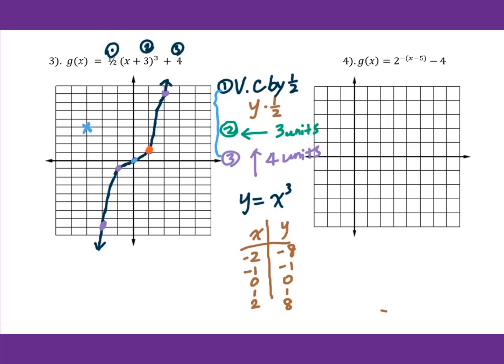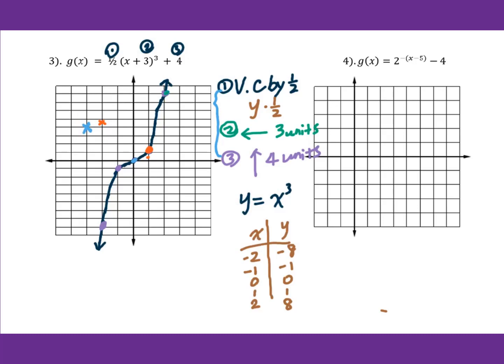Now let's go to these points. Vertically compressed by 1 over 2. That means the y coordinate divided by 2, go here. Then left 3: 1, 2, 3, go up 4: 1, 2, 3, 4. It's here.